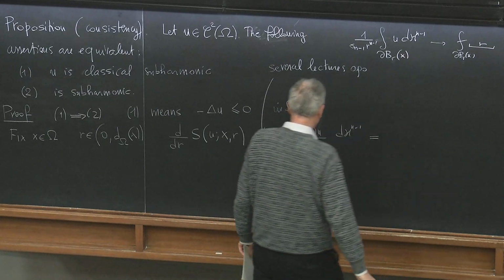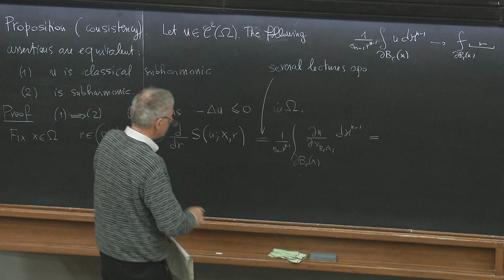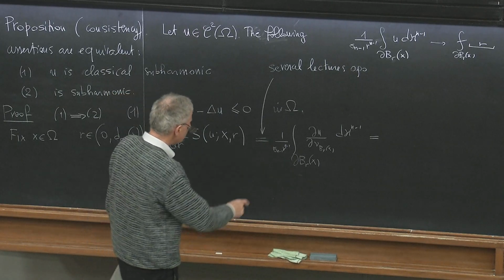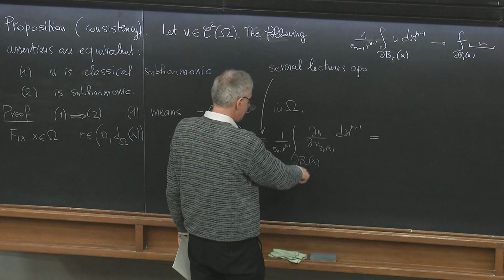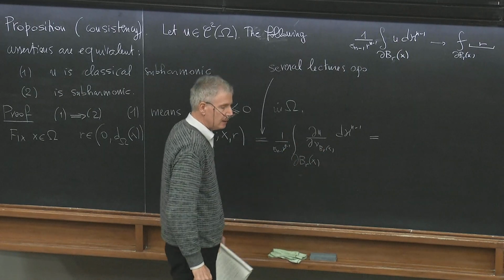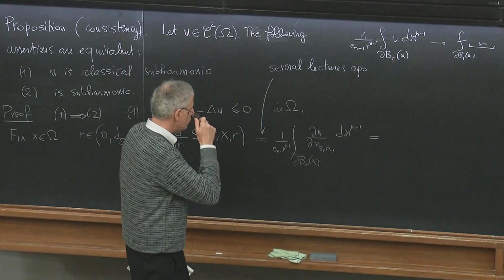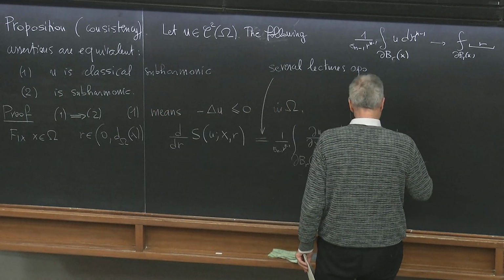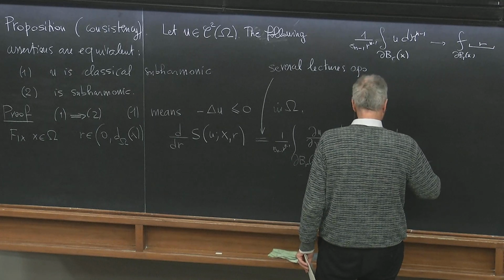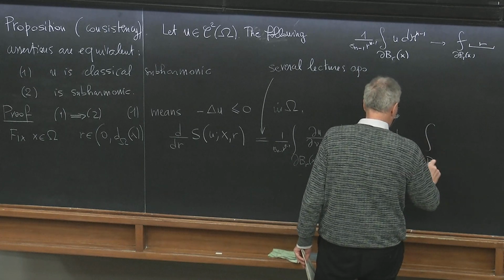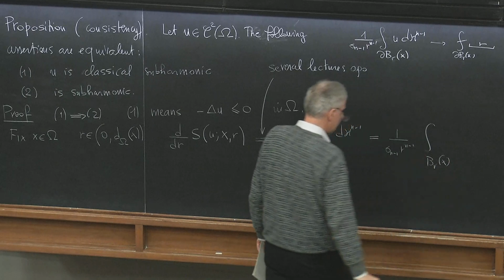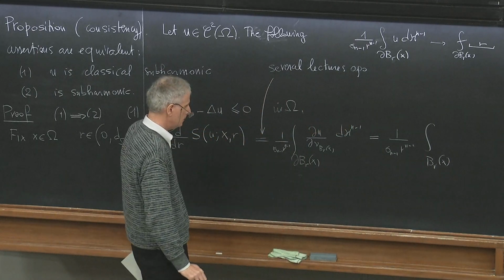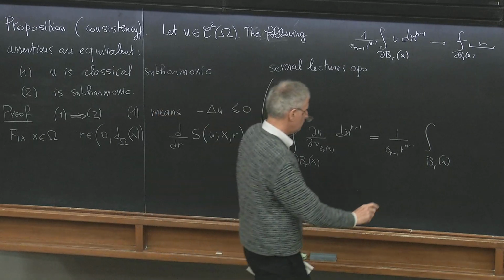Then maybe you should remember this other computation. We can transform this as an integral over B_r. No? And of what? I mean, this was one of the various. So using the divergence theorem, the integral of what?